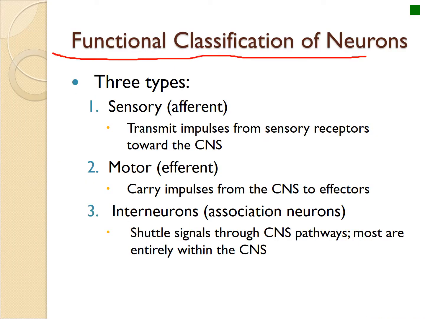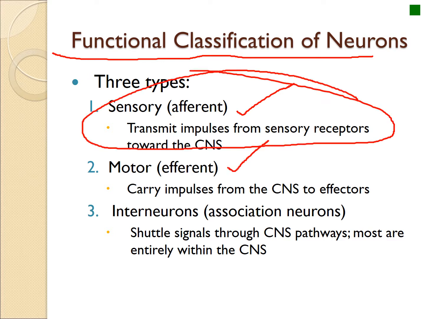Okay, so again, the functional classification of neurons. To review, sensory or afferent, motor or efferent. That means these are taking information, and that information better come in sometimes from one source, from a lot of sources, but it has to transport quickly through the body.